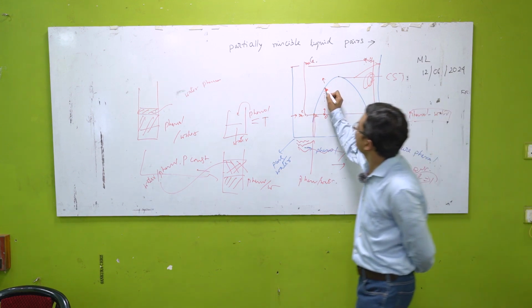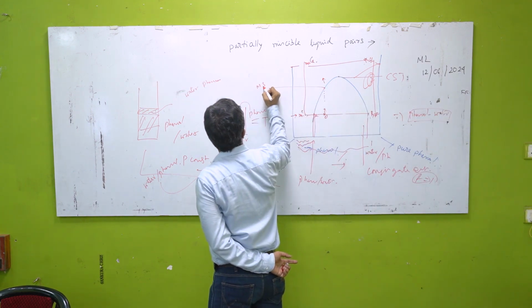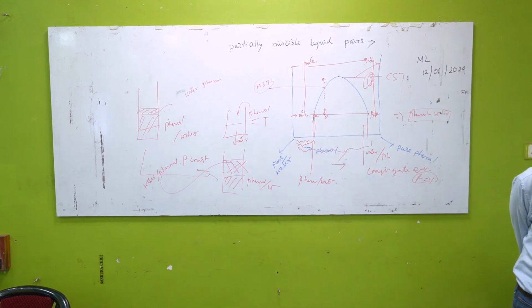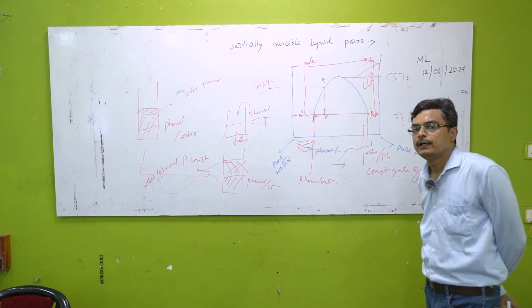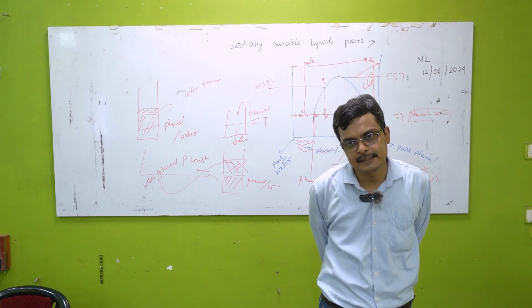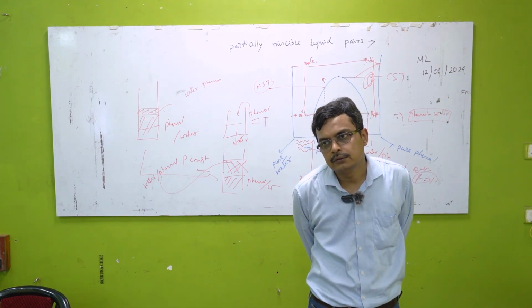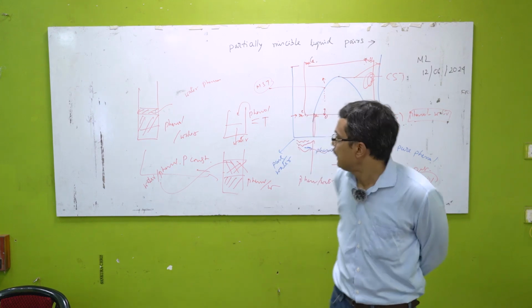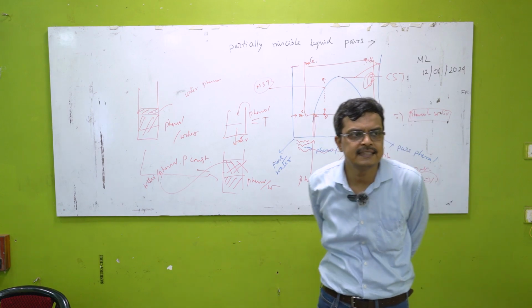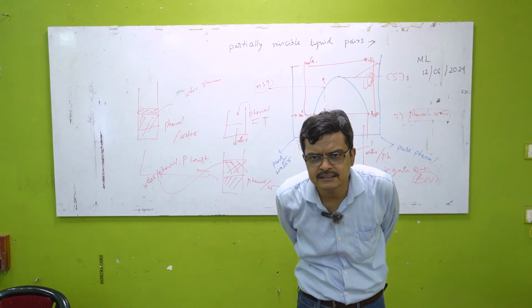This is called mutual solubility temperature, MST, where you are again getting a saturated solution of phenol in water and a trace amount of water in phenol. And CST is the highest of all MSTs.